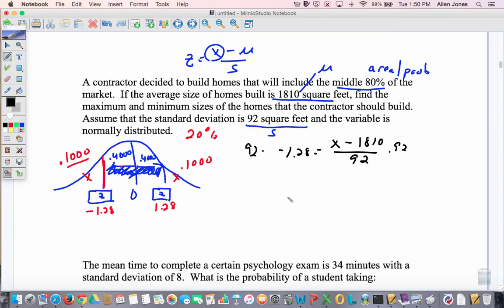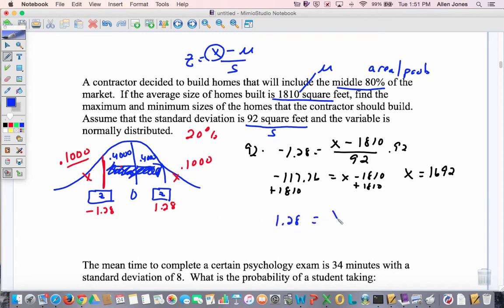The first thing we would do is multiply both sides by 92, and that would give me negative 117.76 on this side equals x minus 1,810. I want to solve for x, so I'll add 1,810 to both sides, and that will give me a lower end to this spectrum of about 1,692 square feet. So there's our lower limit.